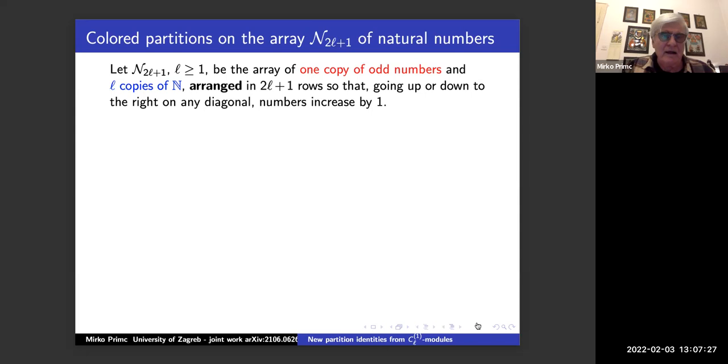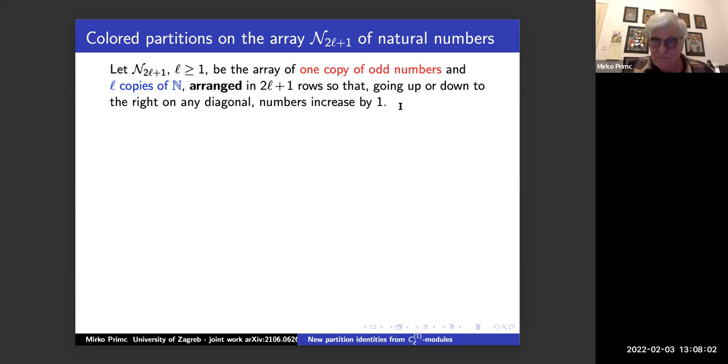So let N_{2l+1}, for l greater or equal to 1, so for l equals 1 it would be N_3 that we just saw, be the array of one copy of odd numbers and l copies of natural numbers arranged in 2l plus 1 rows, so that going up or down to the right on any diagonal, numbers increase by 1.